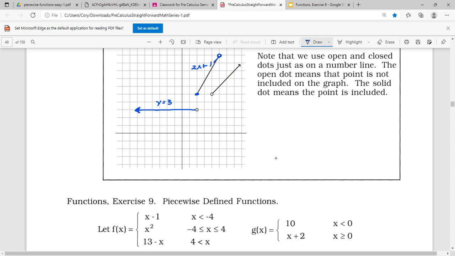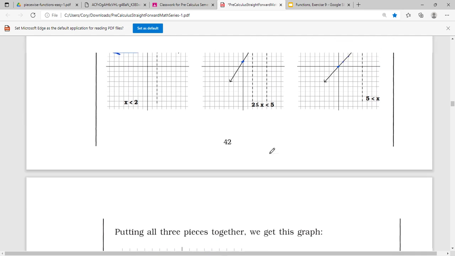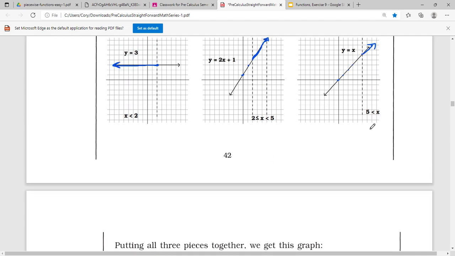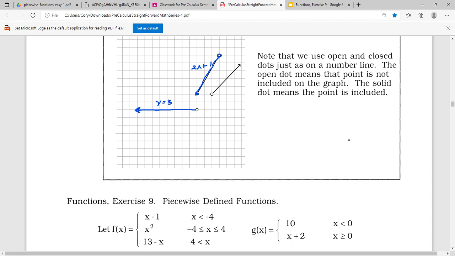And then I think they did this last one wrong, because it is supposed to be everything that is greater than 5, and that's y equals x, and we're at 1, 2, 3, 4, 5. It should be an open circle right there, and go that way. Both of these aren't filled in, so I have to ignore that.